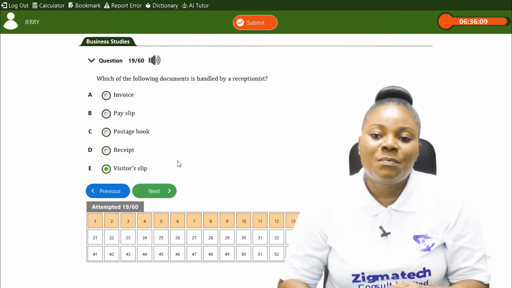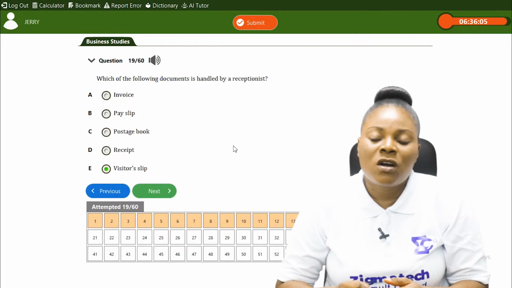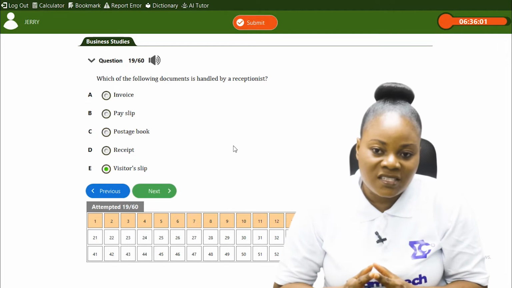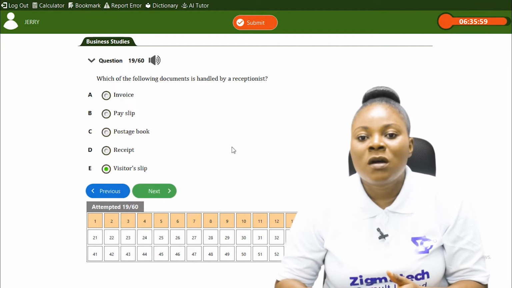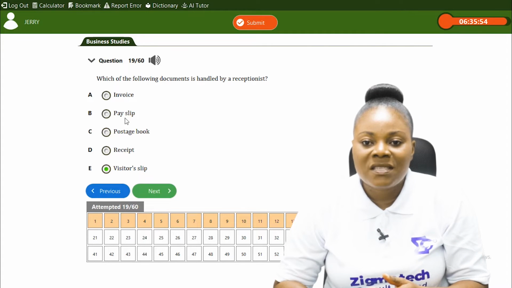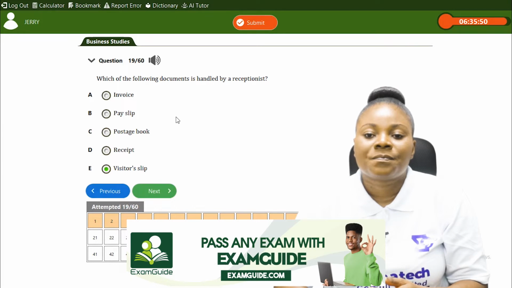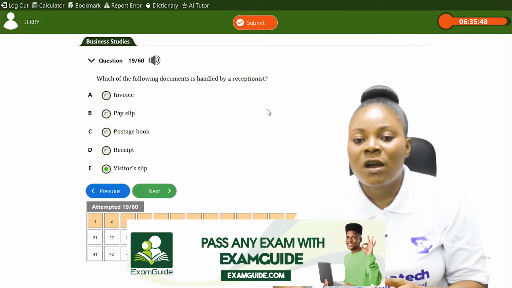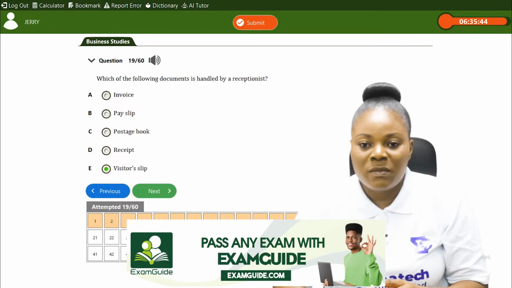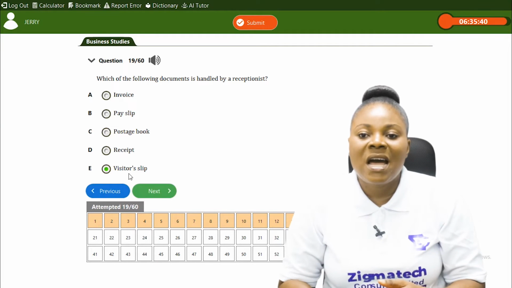The visitor's slip is one of the documents handled by a receptionist to keep record of all the visitors that visit the organization per time. All the other documents, invoice is a source document, payslip is an administrative document, postage book is a correspondence record, while the receipt is also a source document. So the visitor's slip or the visitor's book is one of the documents handled by a receptionist.